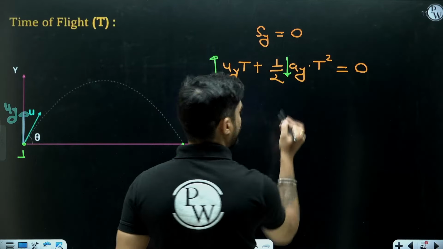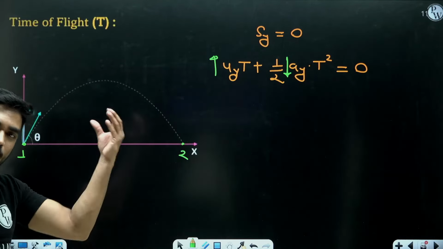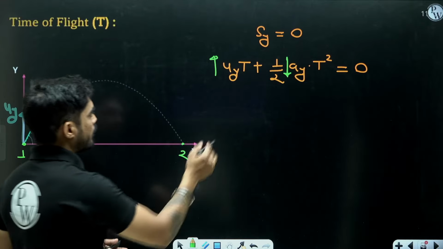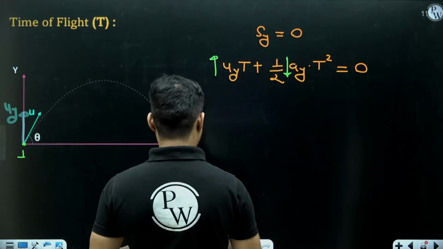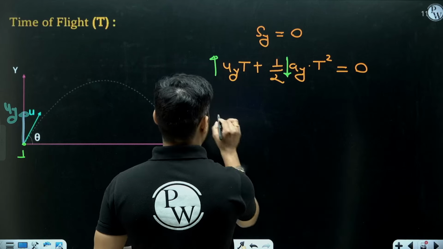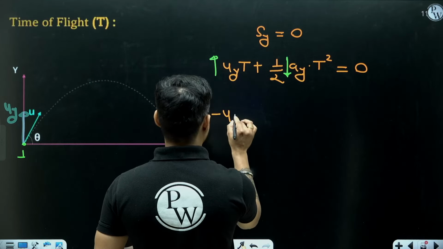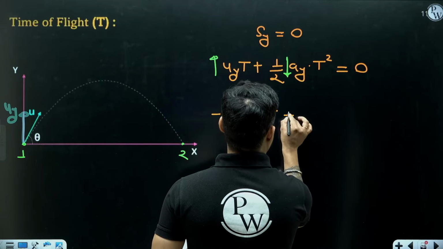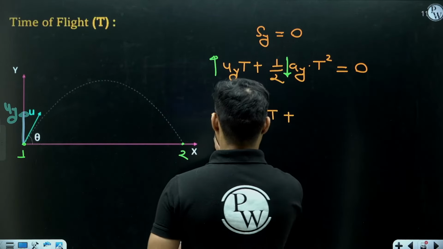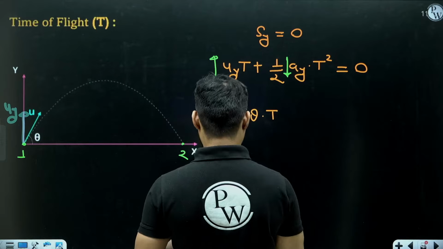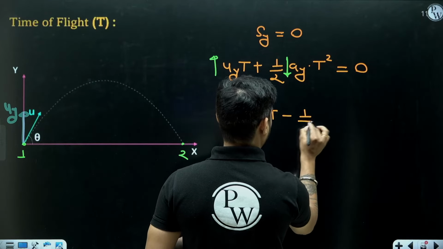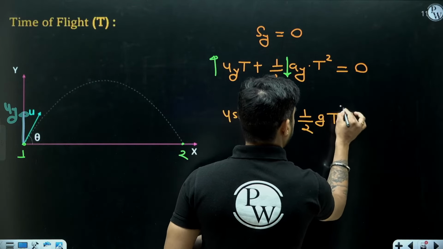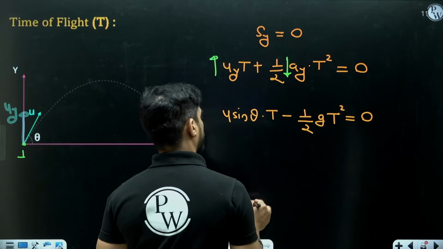Whether it is going up or down, ay will always remain downward, okay? So if I am considering this positive, this will become negative. So this will become u sine theta into T, minus half g T square equal to 0.